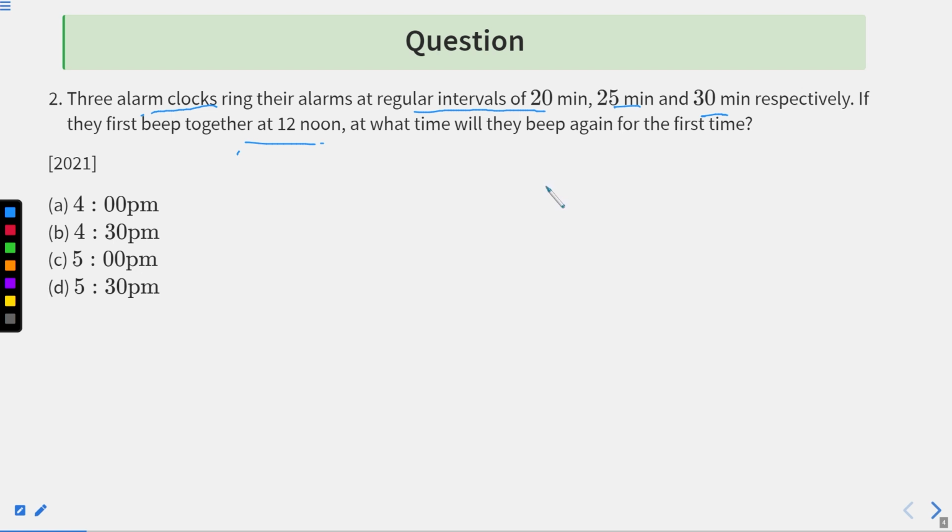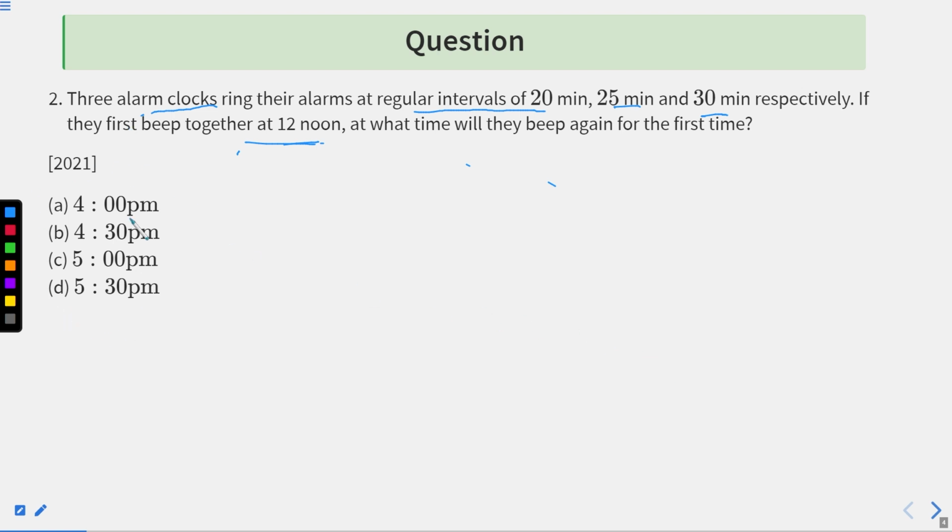So we have 3 alarm clocks, and they ring their alarms at regular intervals of 20 minutes, 25 minutes and 30 minutes, and at 12 noon they first beep together.